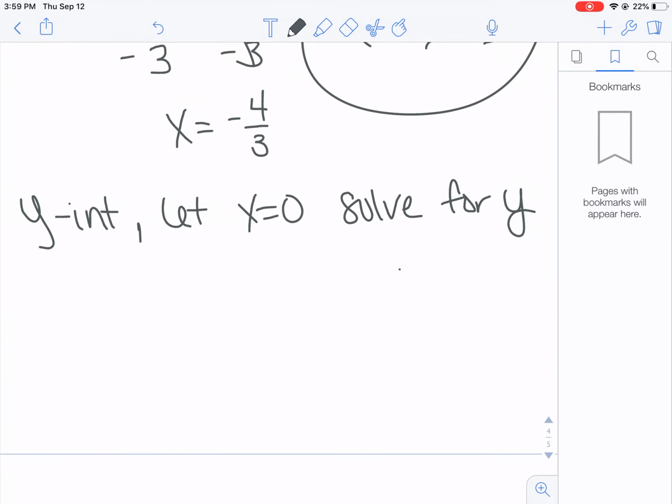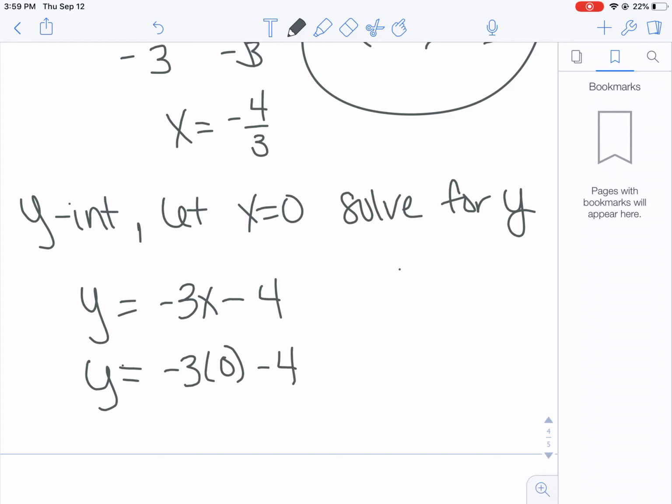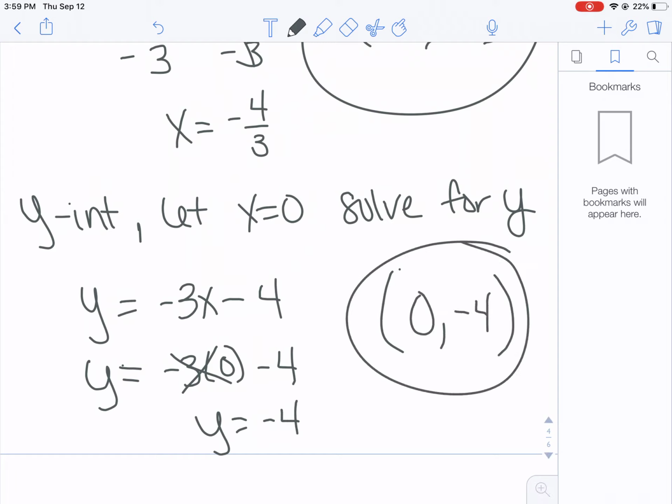So the equation's still the same. y equals negative 3x minus 4, I'm sorry. And I'm going to plug in 0 for x. So 3 times 0 is 0, and I get y equals negative 4. You always write your answers in ordered pairs, so x is 0 and y is negative 4. That's my y-intercept.